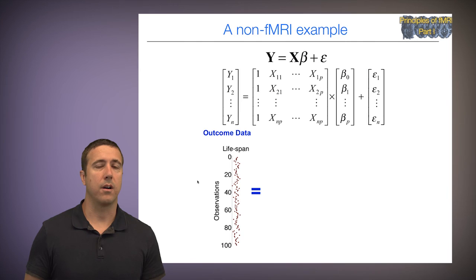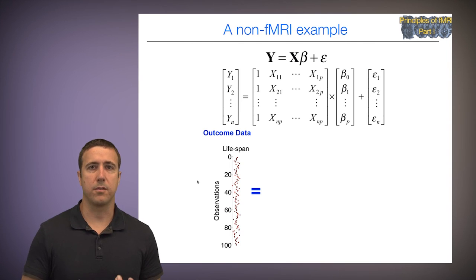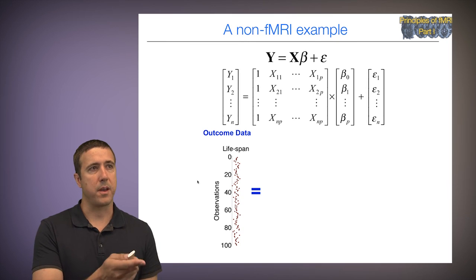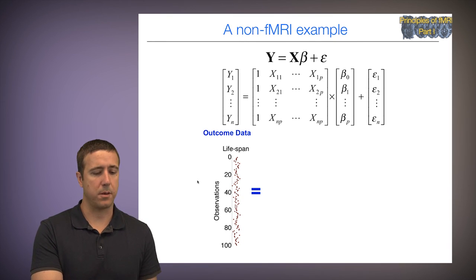So let's look at how we might model this with a GLM model. There's one continuous predictor and one categorical predictor. So here is our design matrix again and the structural equation, and the data would look something like this. So here's the lifespan data. That's the outcome across observations.